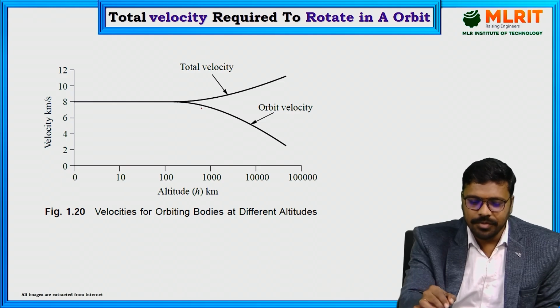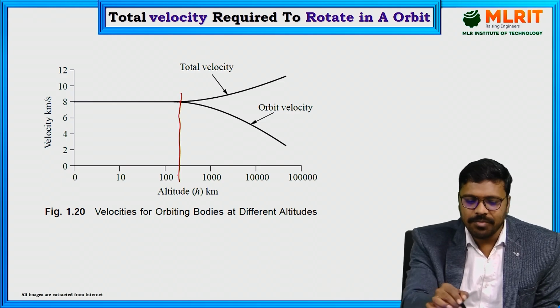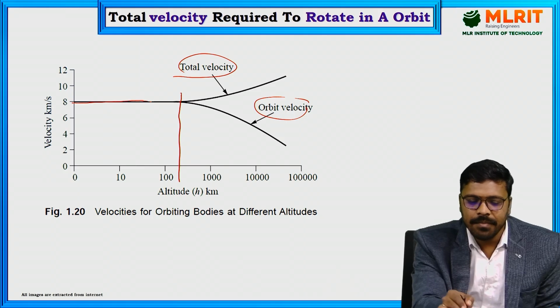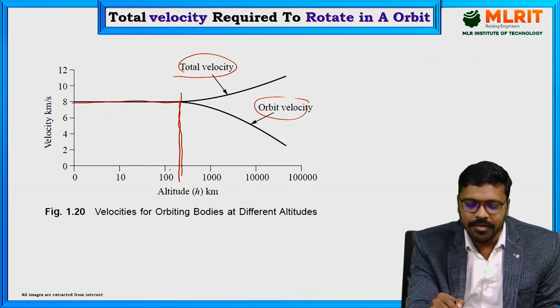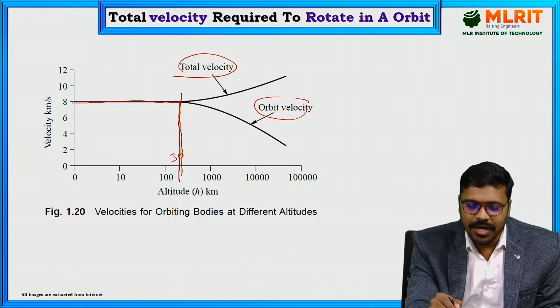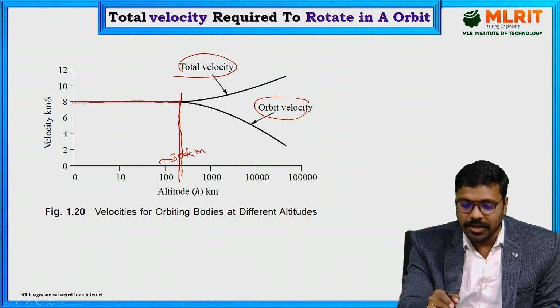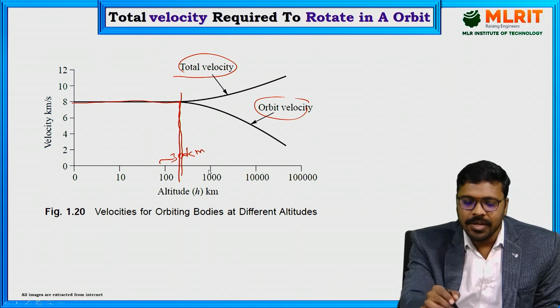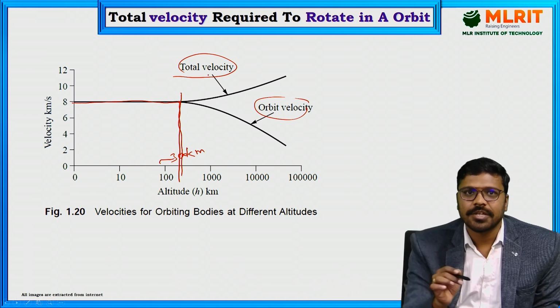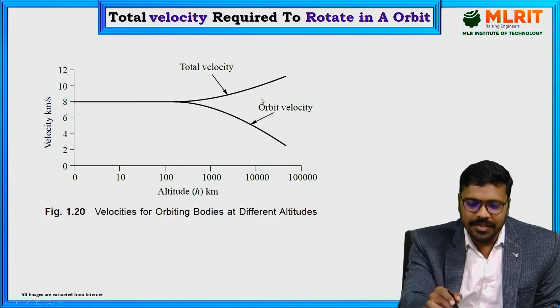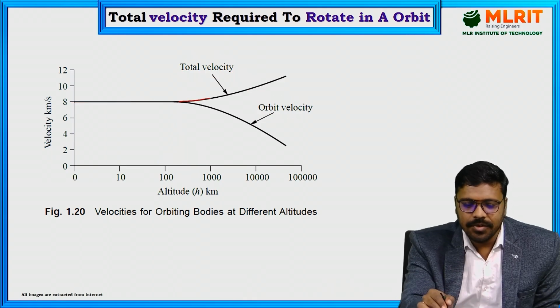So here you can see the variation of these velocity requirements with respect to altitude. Up to some altitude, around 300 kilometers or some altitude between 100 to 1000, the total velocity and orbital velocity are almost the same. After this, you can observe the increase in total velocity.